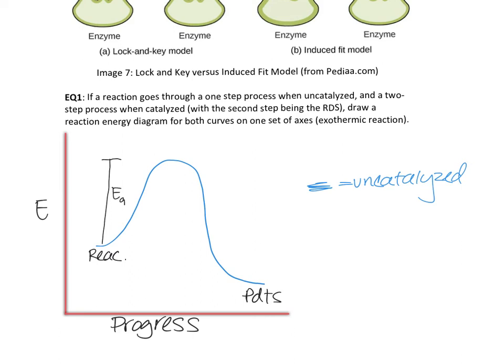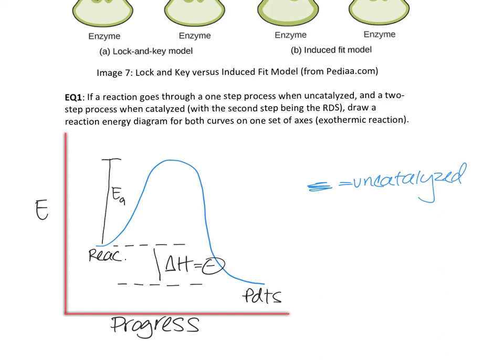And the gap between the reactants and products is our delta H value. So notice products are lower than the reactants, which makes delta H negative.